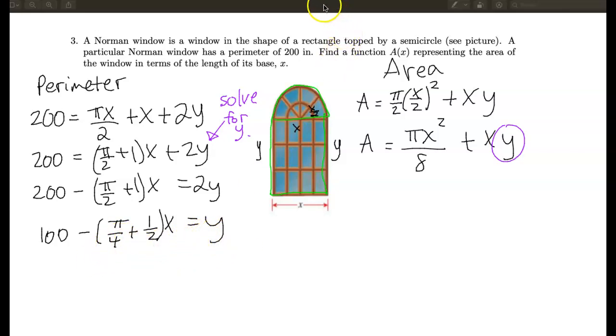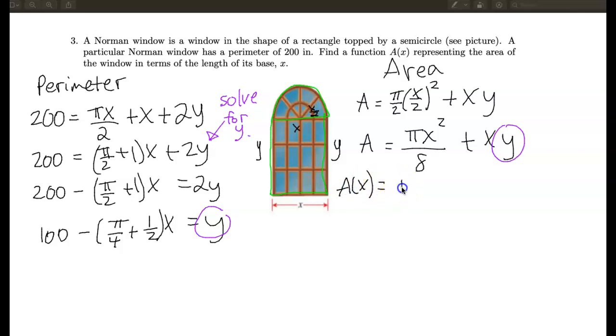And now I'm going to plug that expression for y here. That's a long line, so let's just get that out of the way. We want to plug this part in here. Let's use that space. So now what we're saying is we're going to have a function for the area in terms of x.